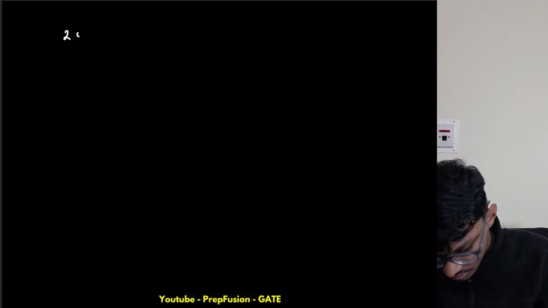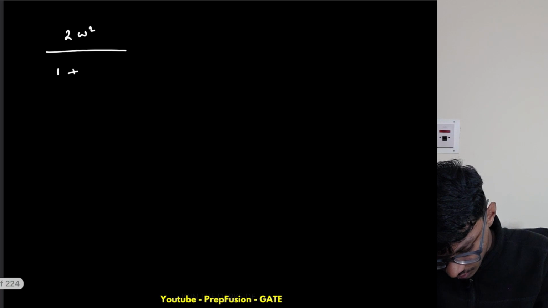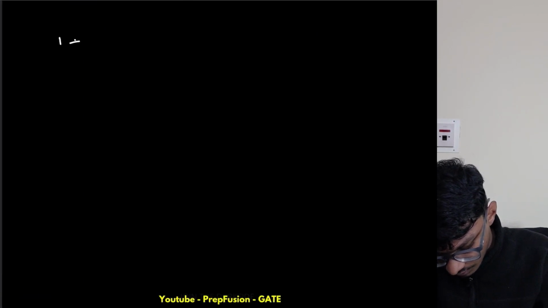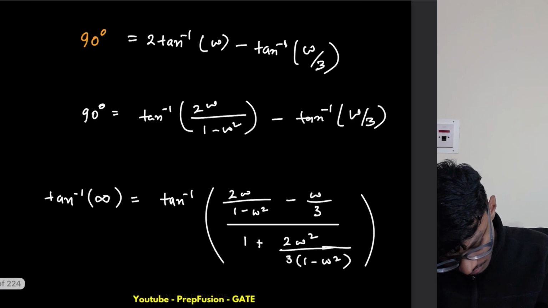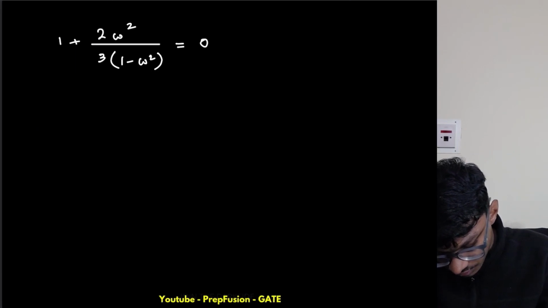Okay, so 1 plus, not 2 omega, sorry, 1 plus 2 omega square by 3, 1 minus omega square equals to 0 itself.